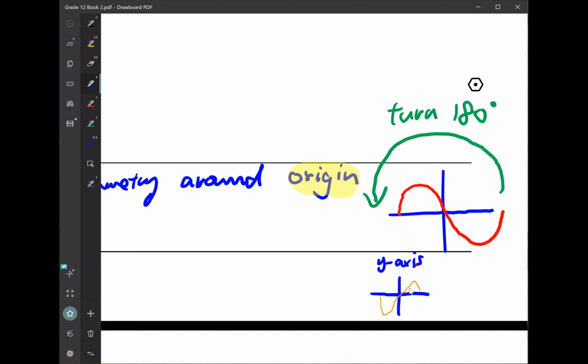Now if I take the same graph, the red one, the original one, instead of reflecting over the y-axis, I want to reflect over the x-axis. Eric, could you help us draw that? If I reflect over the x-axis.